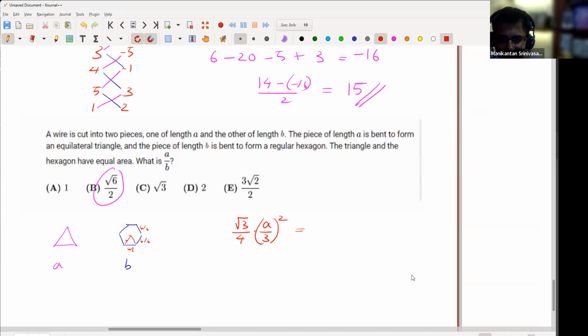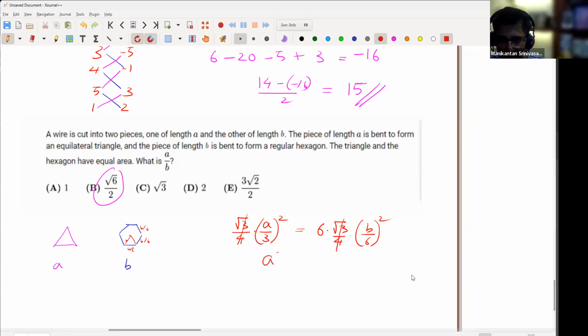So there are 6 triangles. Each is an equilateral triangle, therefore √3/4 into side square, and each side is B/6. Okay, and that's it. Rest is just manipulation. Let's see whether the simplification gives the same answer. First of all, √3/4 can cancel off.